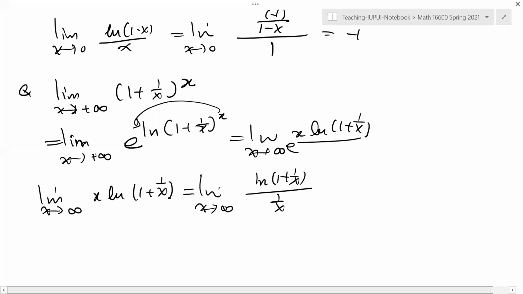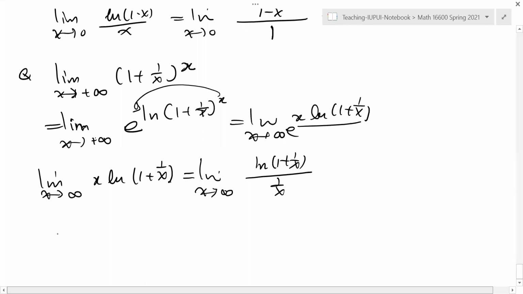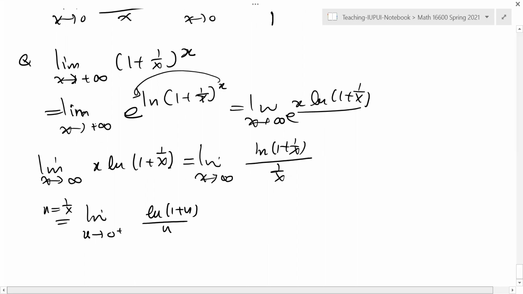You can change the parameter if you want, to make the computation easier. So you can let u be 1 over x. So when x approaches infinity, u approaches 0 from the positive side. So you have the natural log of (1 plus u) over u. It's much easier, right? No quotient. This is a 0 over 0 type, so you can apply L'Hopital's rule again, and clearly the answer is 1.